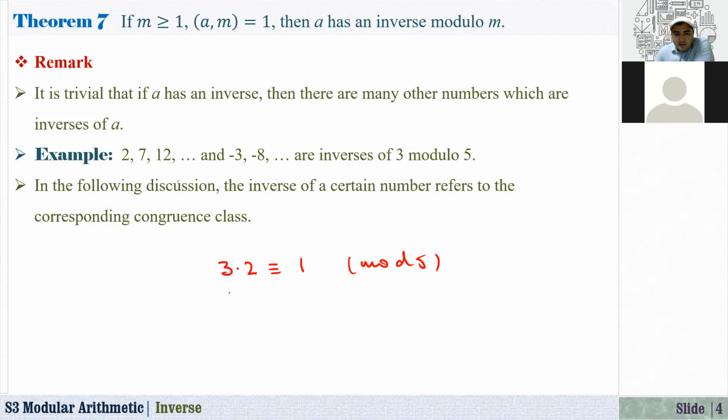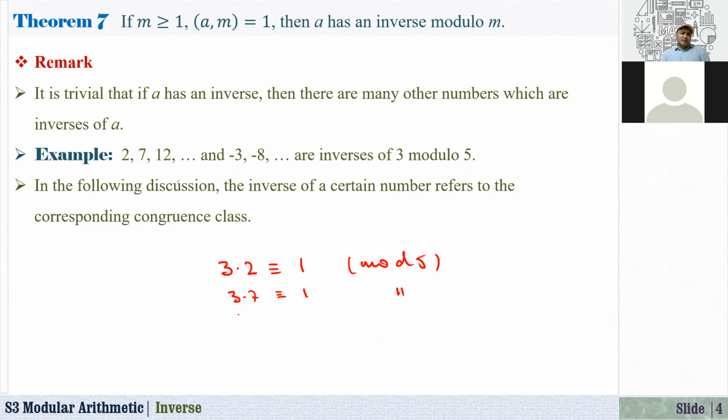And how about 7? 3 times 7 is 21, divided by 5 gives remainder 1, so again it's 1 modulo 5. Or 3 times -3 is -9, which we can write as 5 times -2 plus 1, so it is also 1 modulo 5.